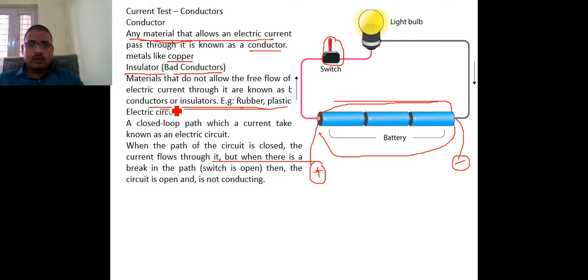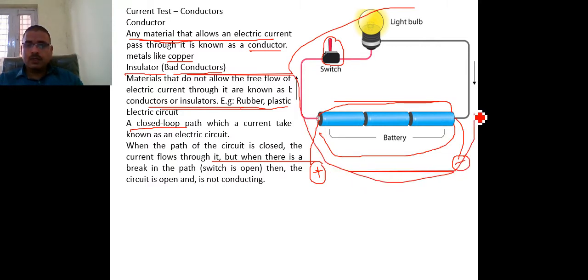Now, when we talk about electric current, this is called a closed loop. You can see here, this whole thing is called a closed loop, where the switch is on. That is the closed loop which a current takes, known as an electric current's closed loop path.